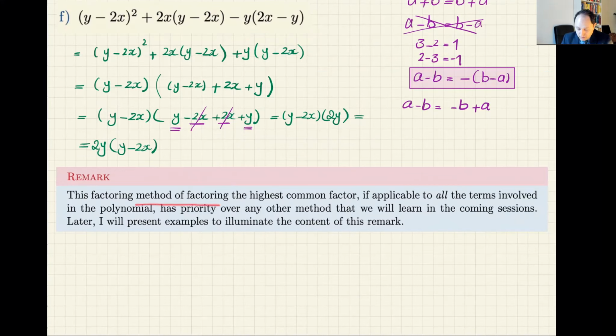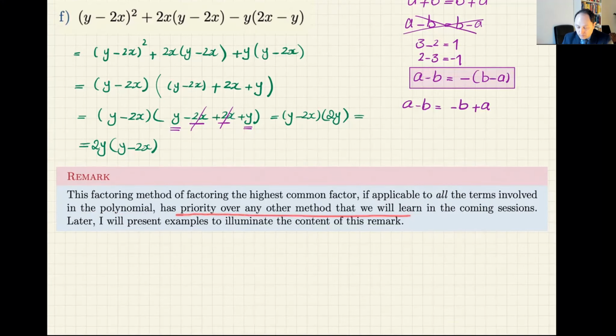This method of factoring the highest common factor, if applicable to all the terms, you see I have written all in italics, I'm emphasizing it. If applicable to all the terms involved in the polynomial, it has priority over any other method that we will learn in the coming sessions.